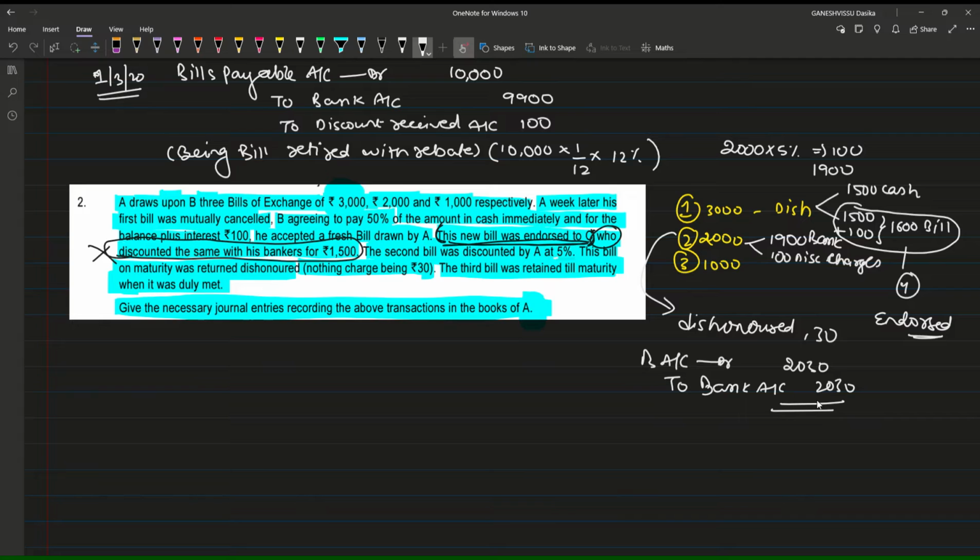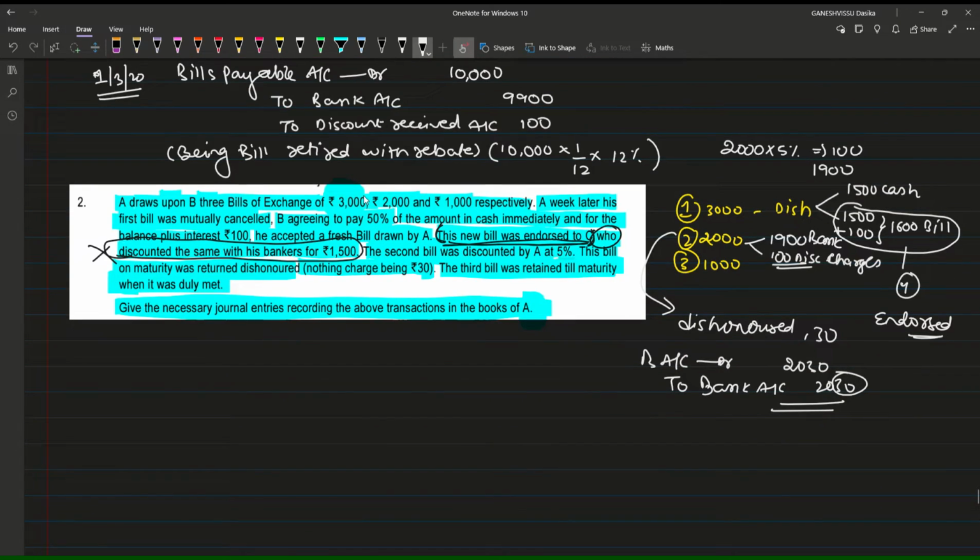But due to this dishonor, he needs to pay ₹30 extra to the bank. Already he is giving ₹100, so he needs to pay 130 rupees extra due to this dishonor, right? Let us now transact in the books of A.